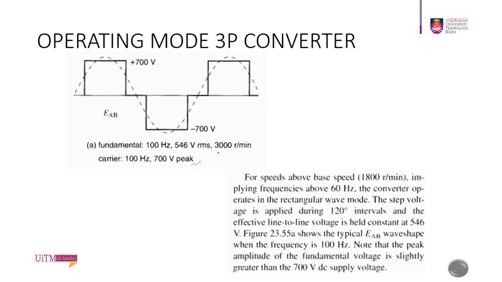In this case, the base speed is 1800 RPM, but in this example, it's running at 3000 RPM. Implying frequencies above 60 hertz, the converter operates in a rectangular wave mode. The step voltage is applied during a 120 degree interval, and the effective line-to-line voltage is held constant at 546 volt.